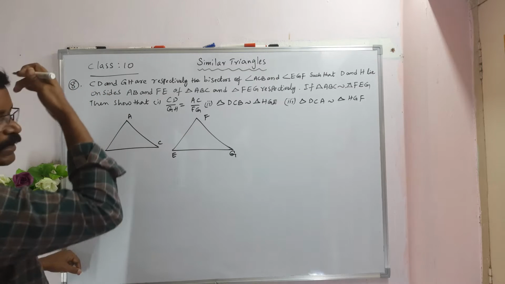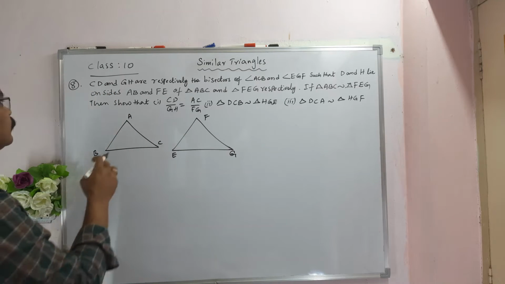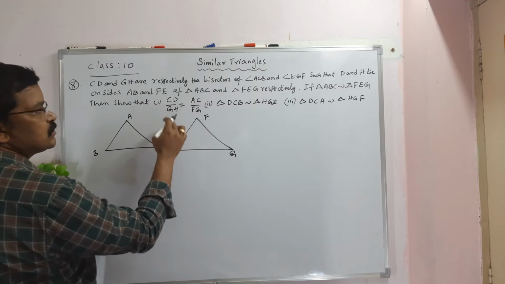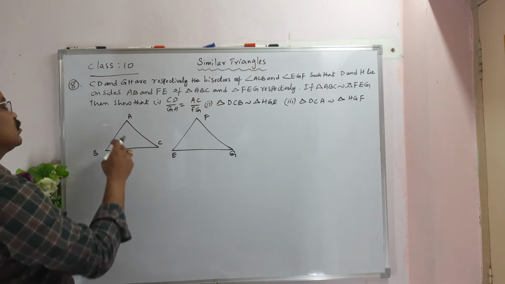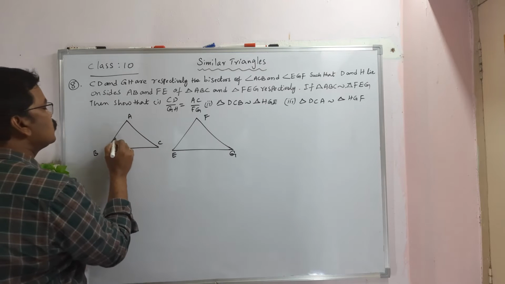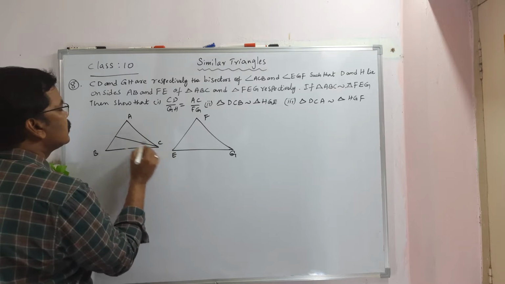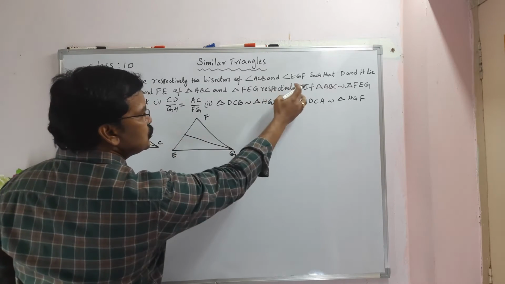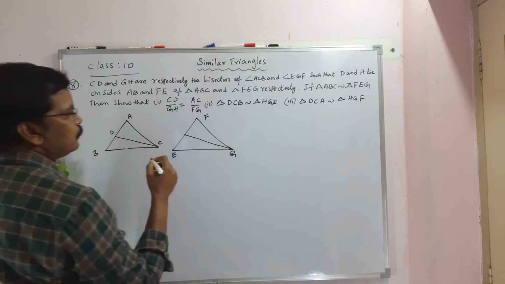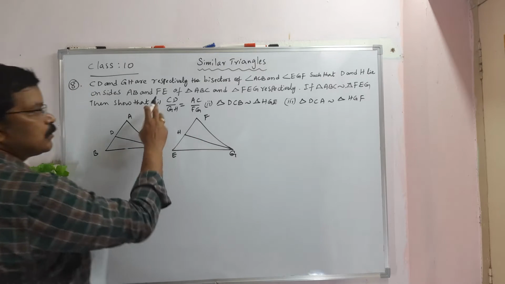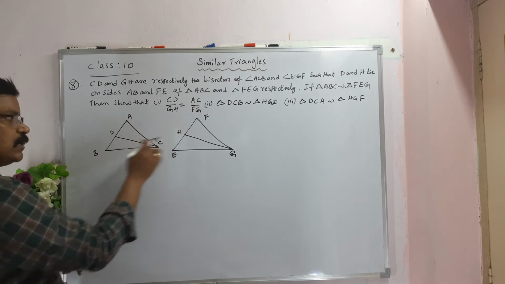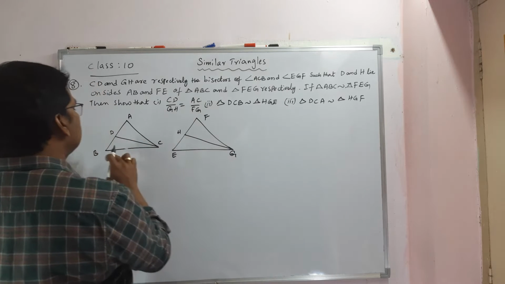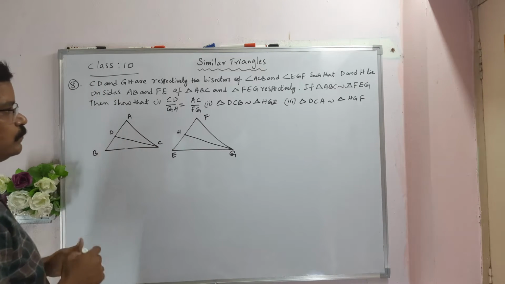Here what is given? CD and GH are respectively the bisectors of angle ACB and angle EGF.